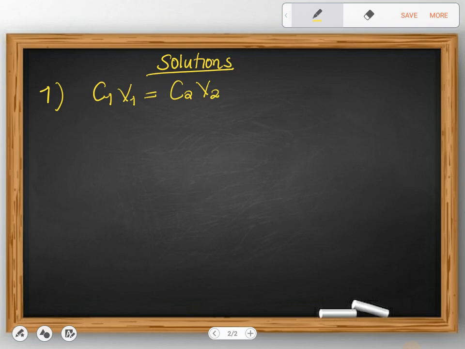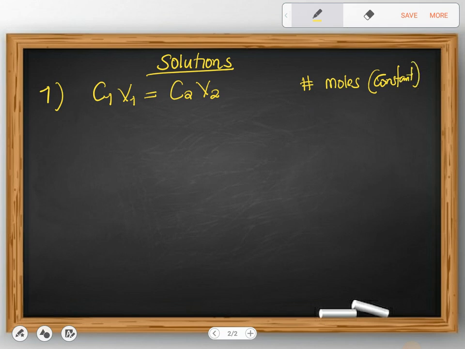How come this is true? Well, during dilution, there is one quantity that remains constant, and that is the number of moles.